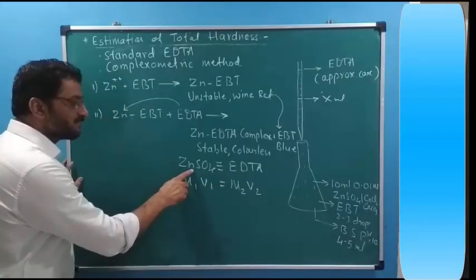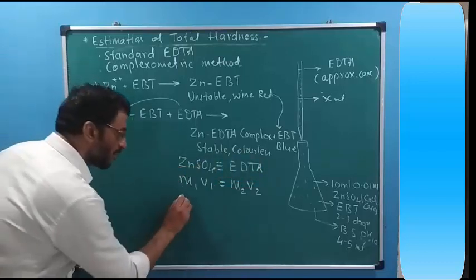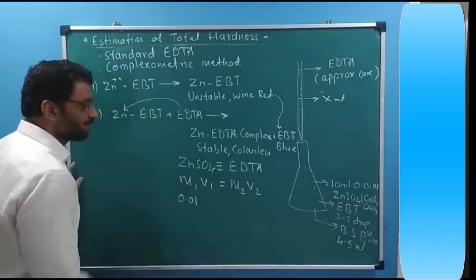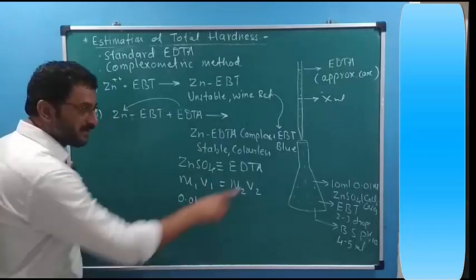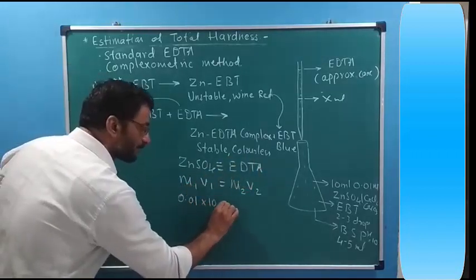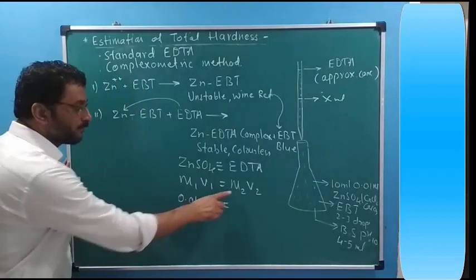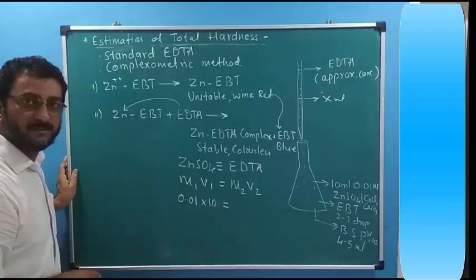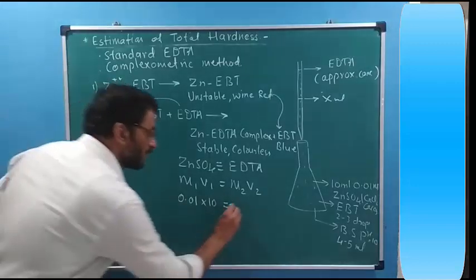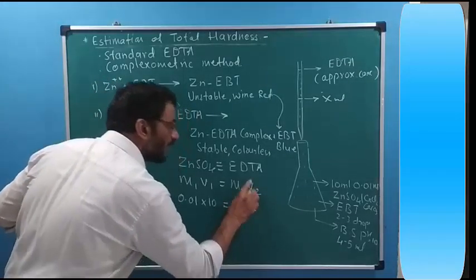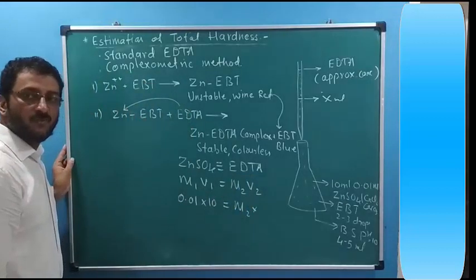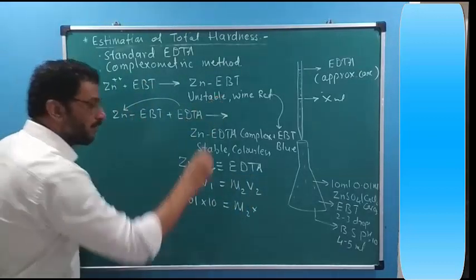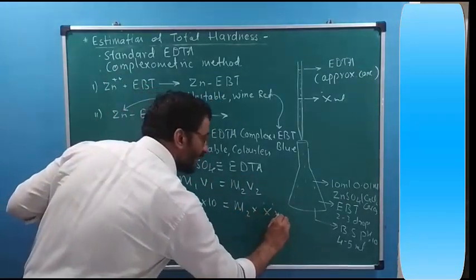M1 is molarity of zinc sulfate, 0.01 we have taken. V1 is the volume of zinc sulfate, 10 ml we have taken. M2 is the molarity of EDTA, that is the concentration of EDTA, that we are going to find out, and V2 is volume of EDTA required. Volume is CBR, that is X ml.